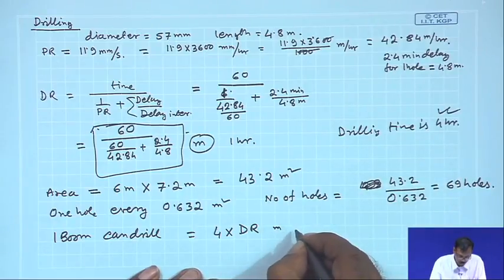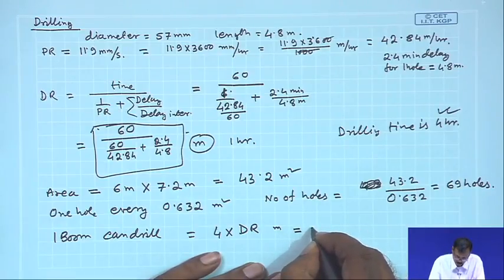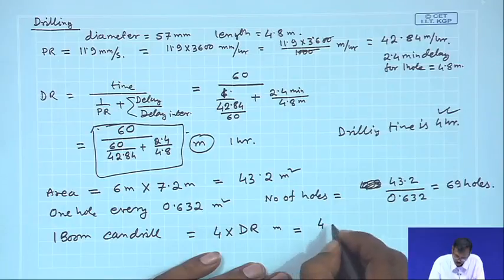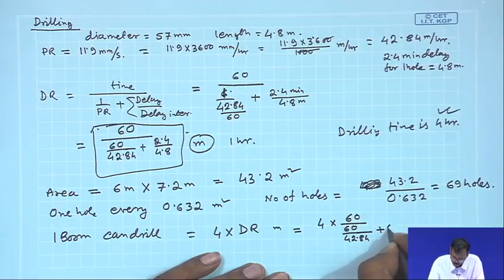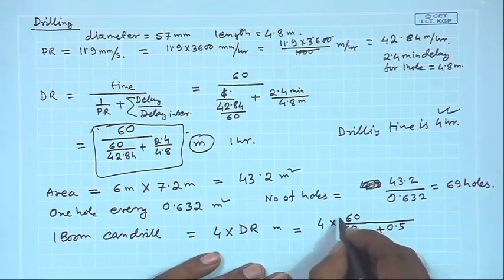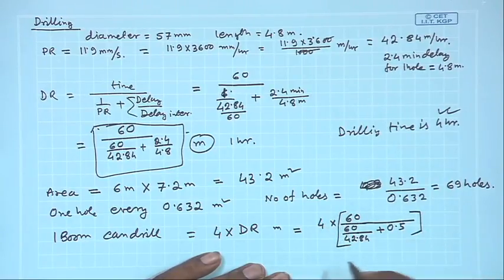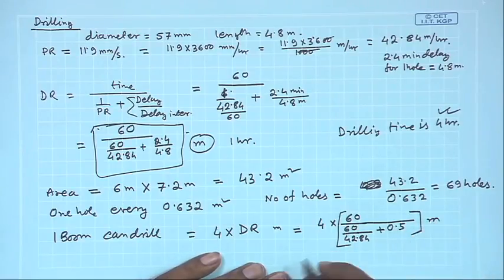That means it can drill 4 into 60 by 42.84 plus 0.5, this is the penetration rate, this much meter in 4 hours.